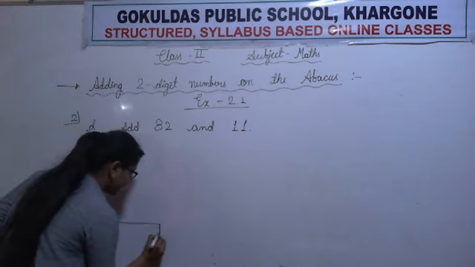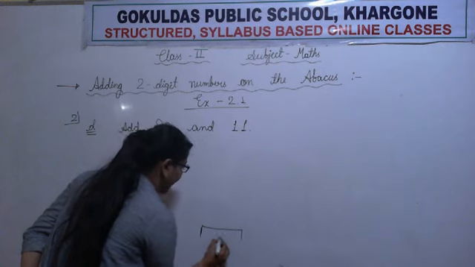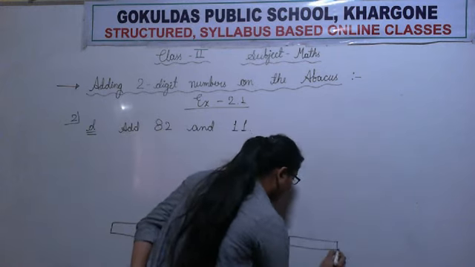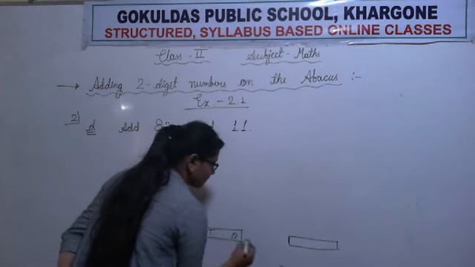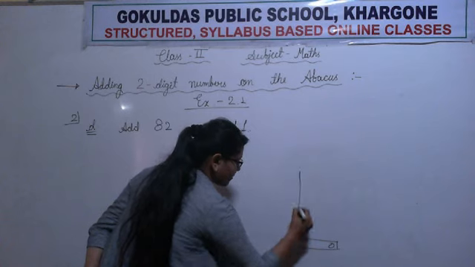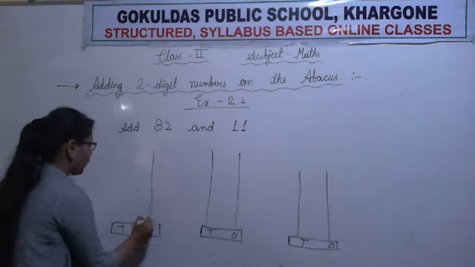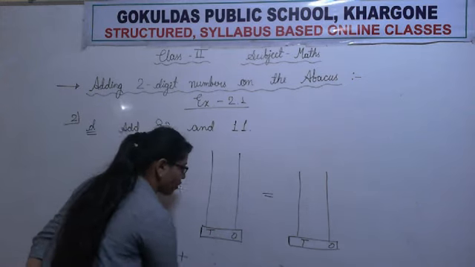We will make 3 abacuses and do not make abacuses by running hand. Do use a scale or ruler. Now we will mark one sentence position. Now we will make spikes of one sentence. Now we will put plus and equals to signs also.